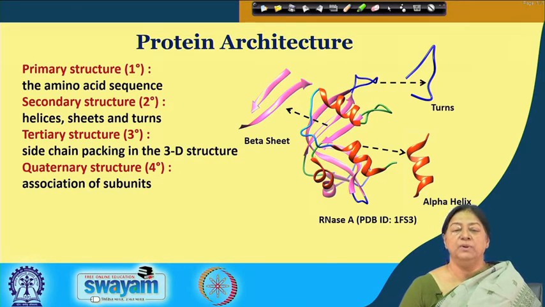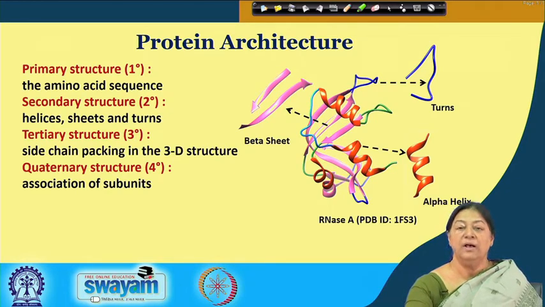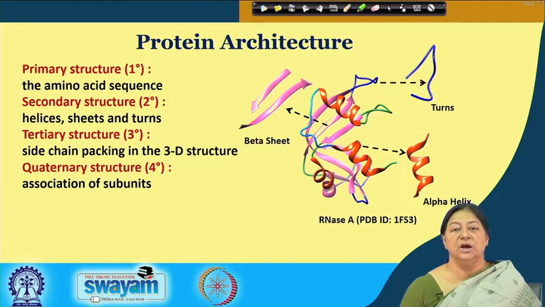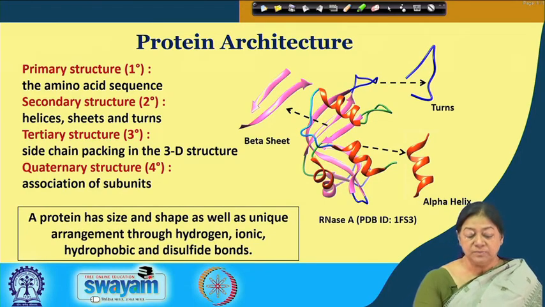But beyond that, when we have a folded structure as we see here, what are the other interactions or forces that lead to the folded structure of the protein, which is called the tertiary structure? Now, in the tertiary structure, we will see that this protein has a definite size, a definite shape and a unique arrangement through hydrogen, ionic, hydrophobic as well as disulfide bonds.